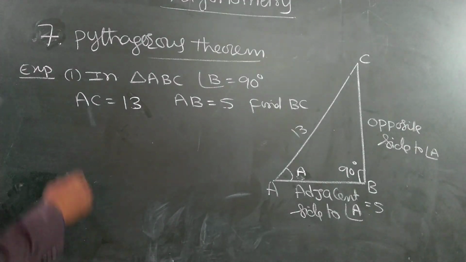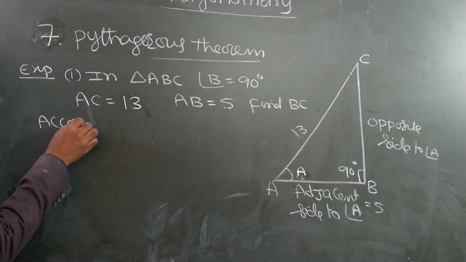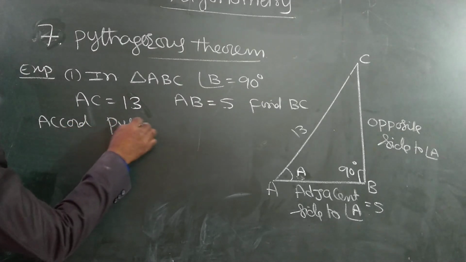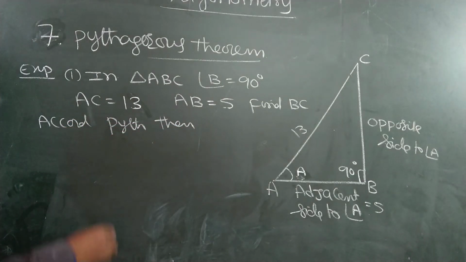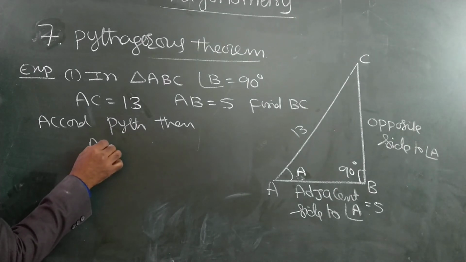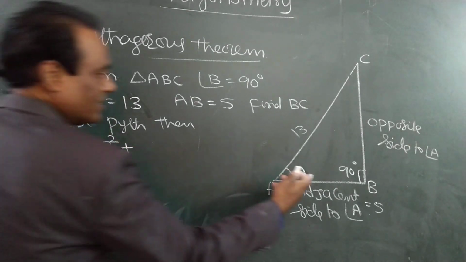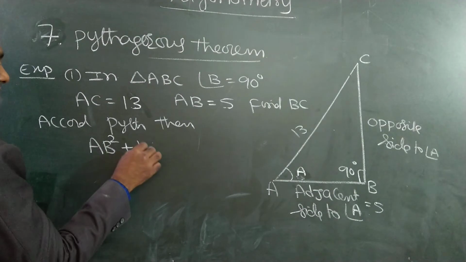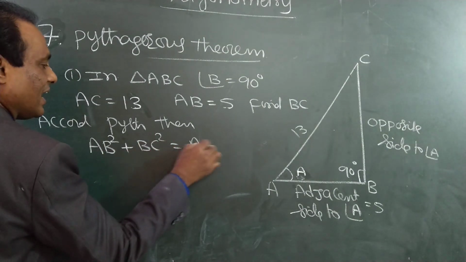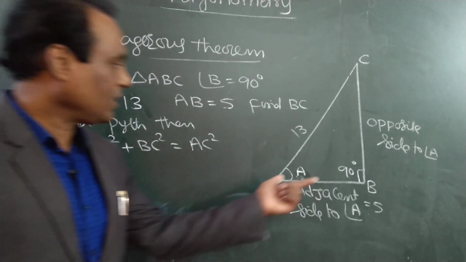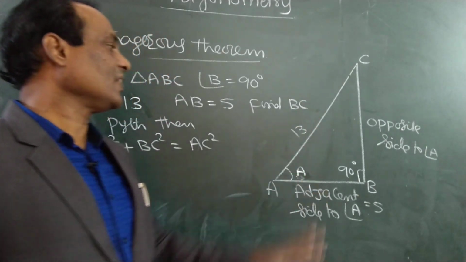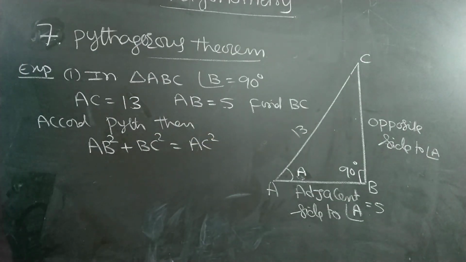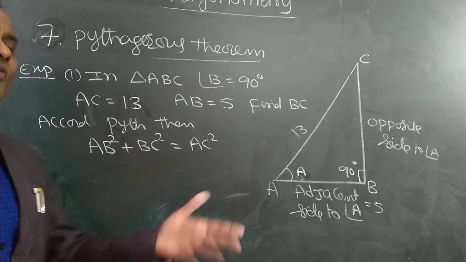Do it. According to the Pythagoras theorem, write down in full. What is the formula? AB square plus BC square is equal to AC square. This is the Pythagoras theorem. In this, substitute the known values and find the unknown value.